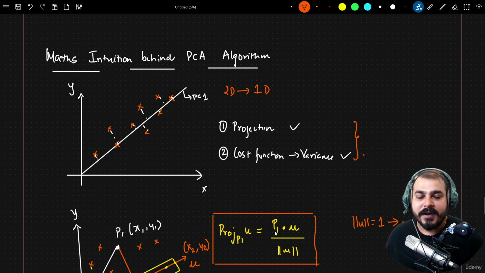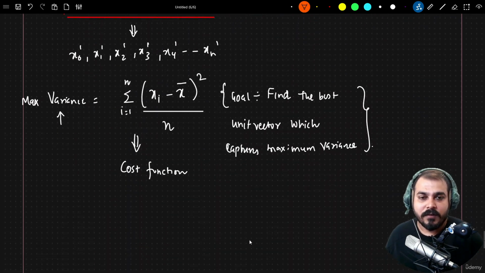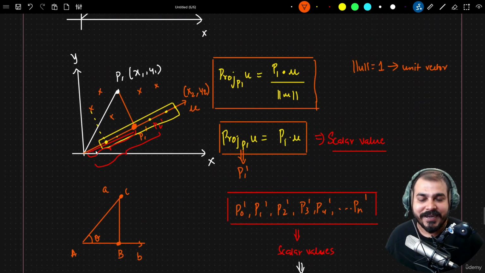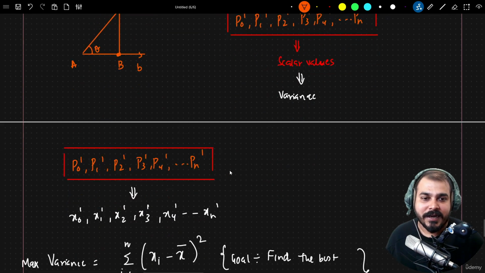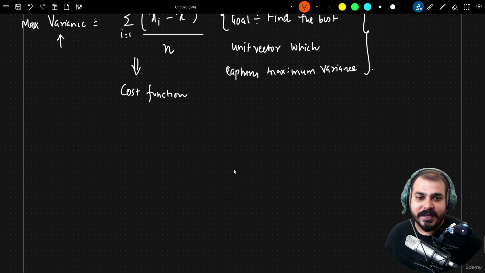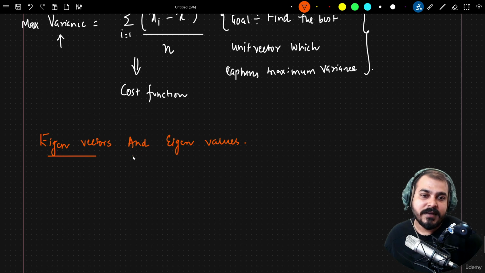Now we will try to understand. Now see, obviously we cannot keep on go ahead and selecting different unit vectors and probably trying to find out the best vector in that way. So what happens is that there is a technique which is called eigen decomposition, which we specifically say as eigenvectors and eigenvalues.